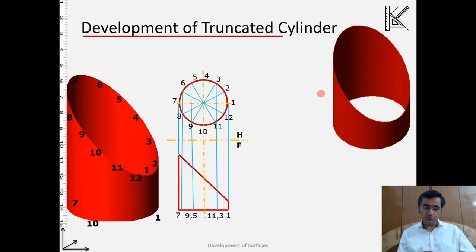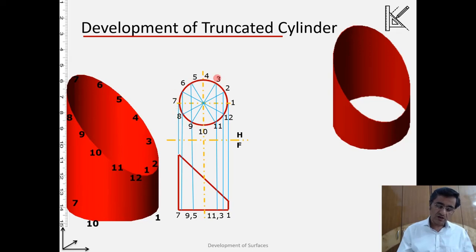Now similar to the previous slide, in the case of the prism we had very fixed sides, 6 sides were there. So once we see it on the horizontal view, we see those 6 sides. However, over here in this case it is a circle.